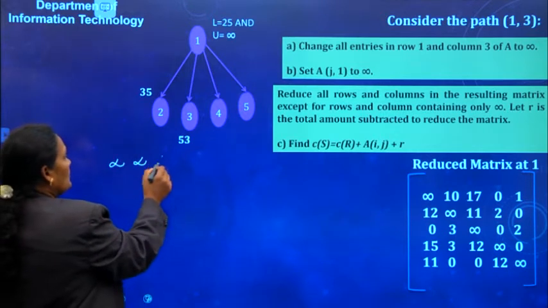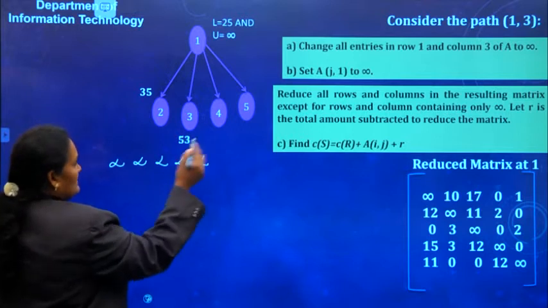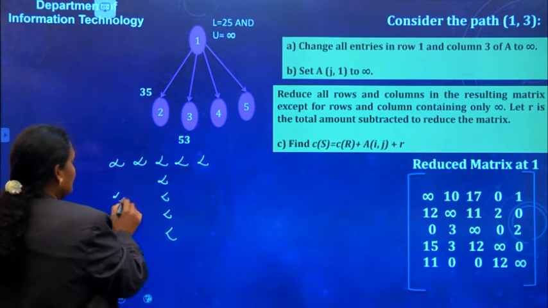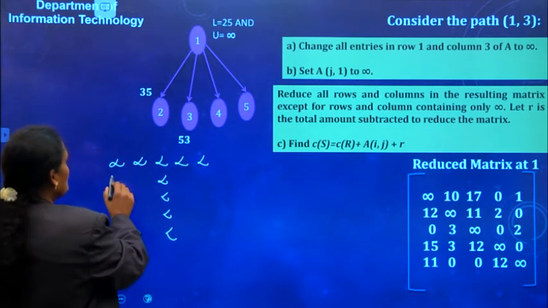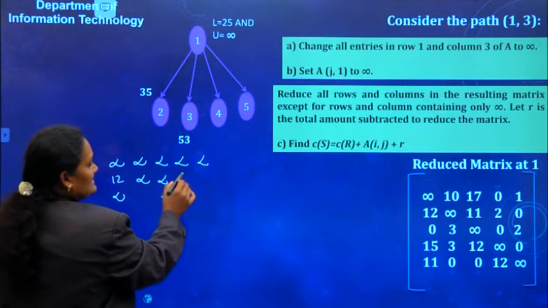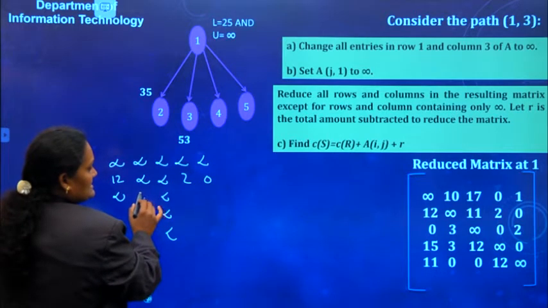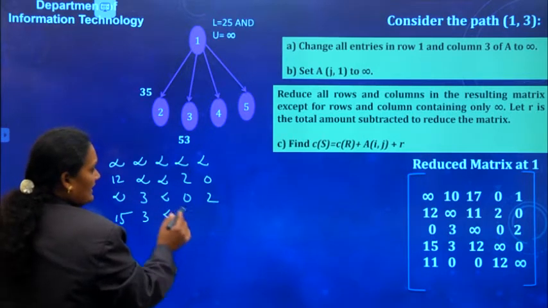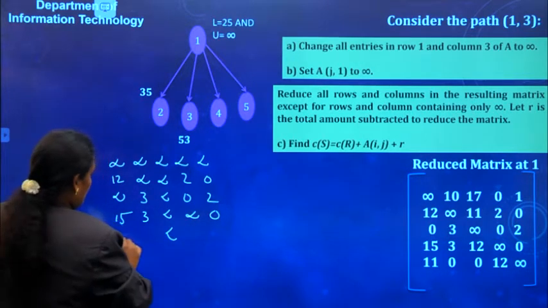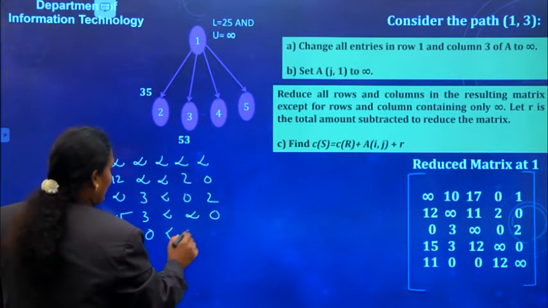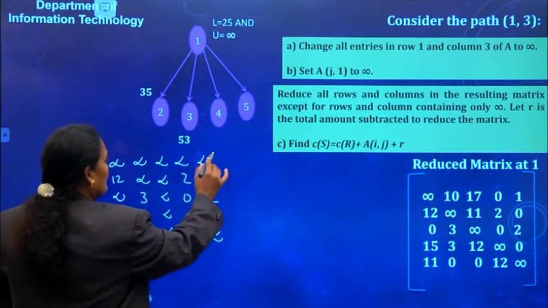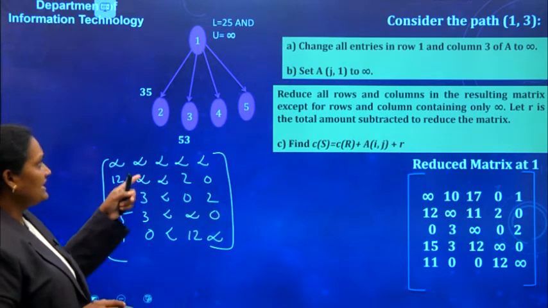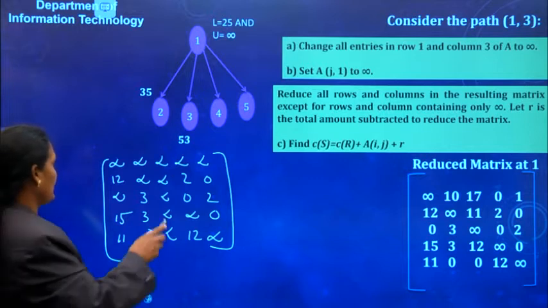Make the first row and third column as infinite, make 3, 1 as infinite, and use all the remaining entries as they are from the reduced matrix at 1. Only the reduced matrix we need to use. After that we need to apply row reduction and column reduction.